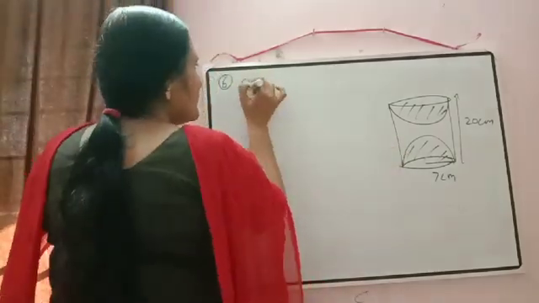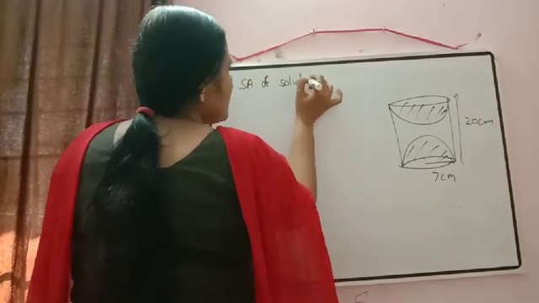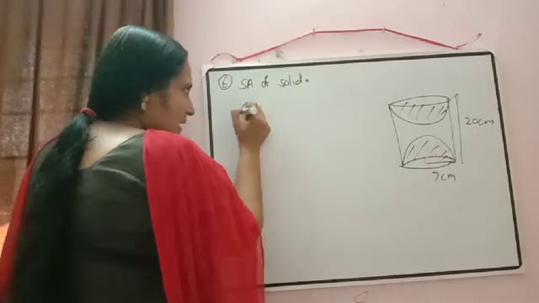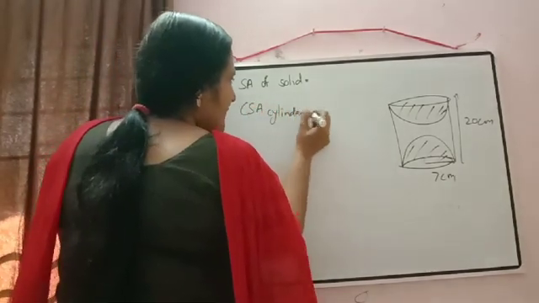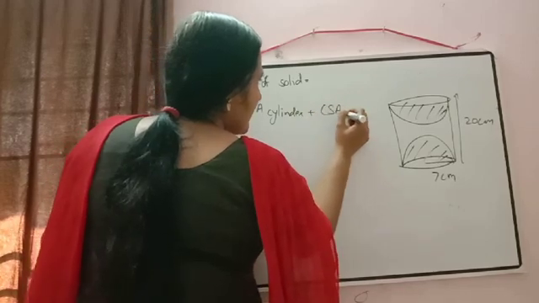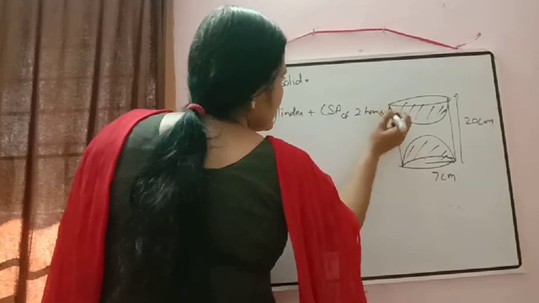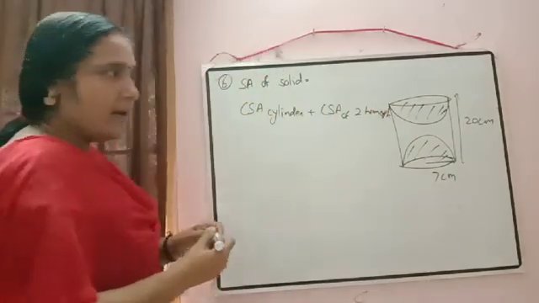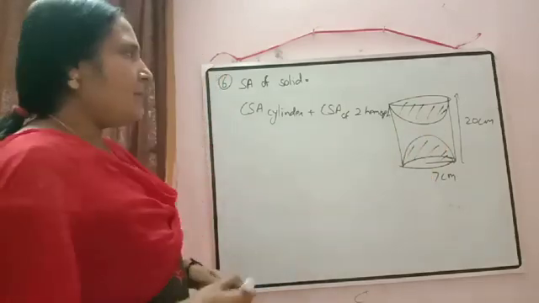So surface area of solid is equal to, yes, what will come? Curved surface area of cylinder plus curved surface area of these two hemispheres.